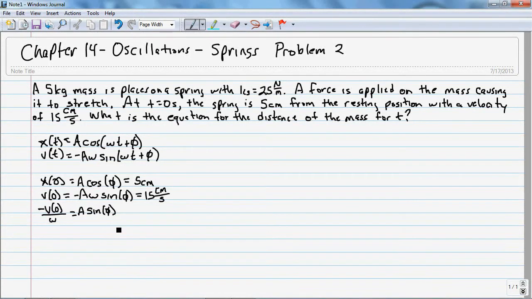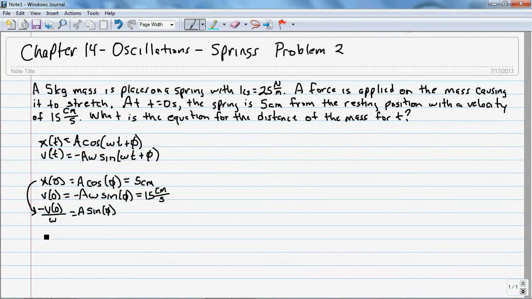Now, if you notice, I have a sine of phi and a cosine of phi, and I need to get rid of these trigonometric functions. It would be nice if I could get them into one trigonometric function, and the way that I'm going to do that is I'm going to divide this initial condition for x into my function for the velocity.